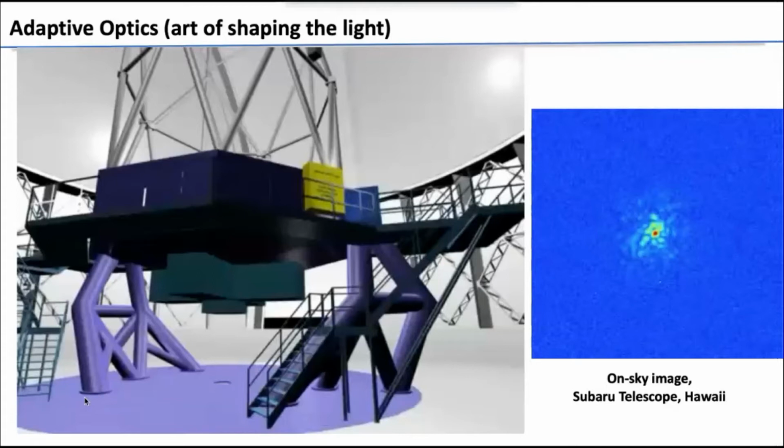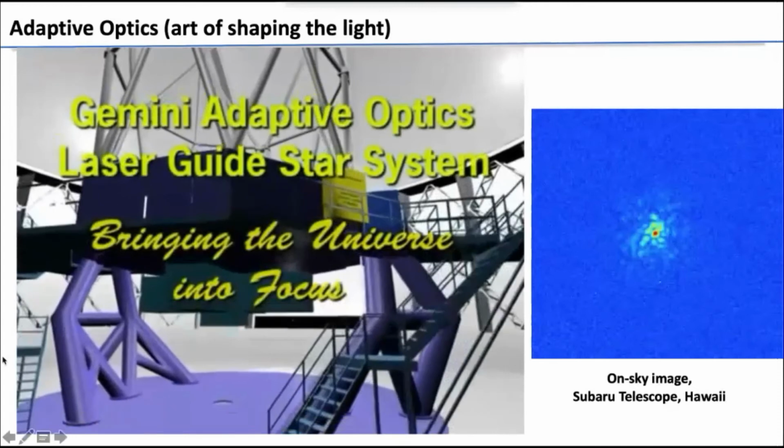For example, here you have this telescope on the mountain Mauna Kea in Hawaii, and it's looking up at some star, right? In order to undo the twinkling, first we want to study what the Earth's atmosphere is doing to our images. The way we do that is by shooting a laser into the atmosphere. So let's turn on the video.